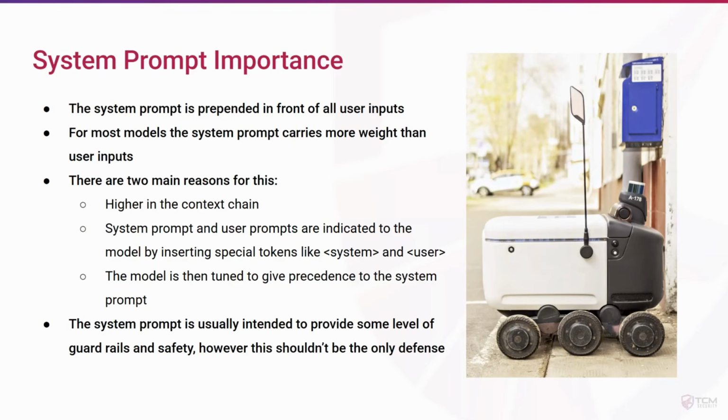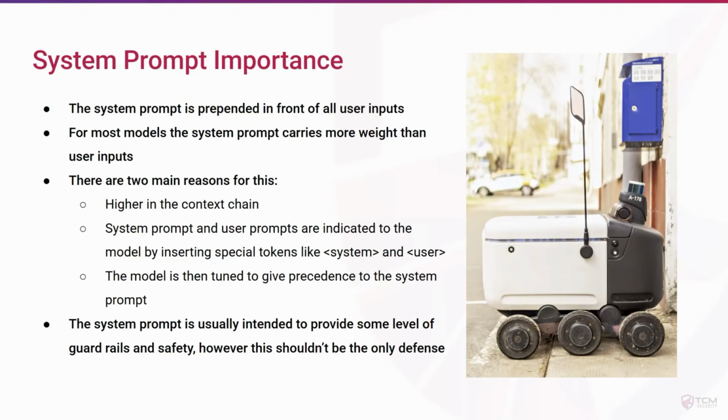So every time there's an input, even if we go way past the context window, it's always going to have the system prompt prepended. And for most models, the system prompt carries more importance and weight than user input. So if there's instructions in the system prompt and then the user prompt goes against those or contradicts them, the model is generally going to stick to what the system prompt says.